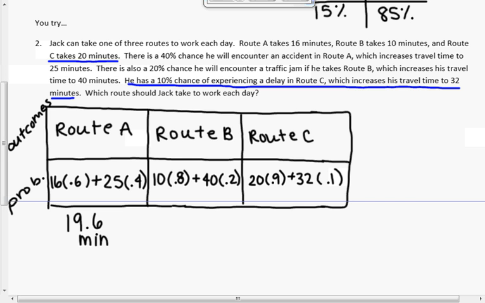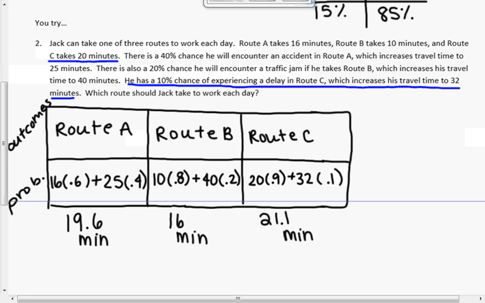Route B, 10 times 0.8 plus 40 times 0.2, comes out at 16 minutes. So we could expect to spend about 16 minutes, give or take, on Route B. And then finally, Route C takes 21.1 minutes on average each day.